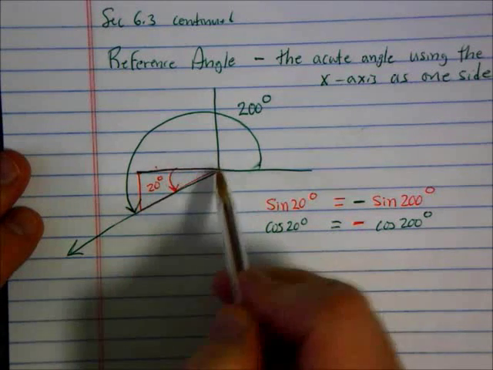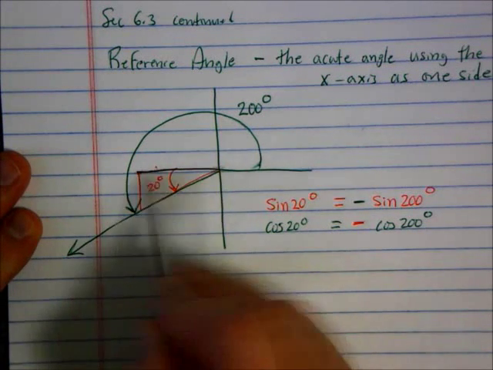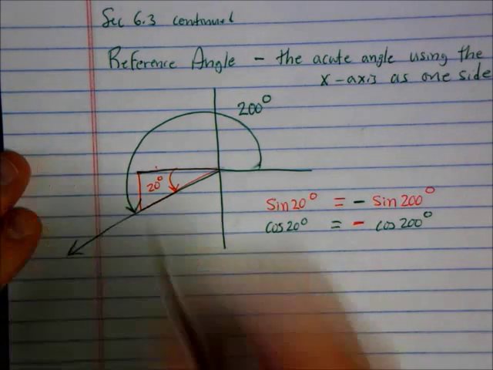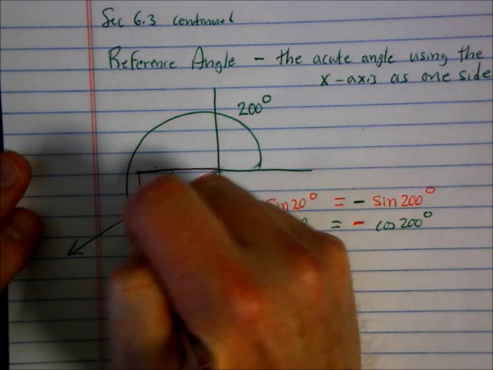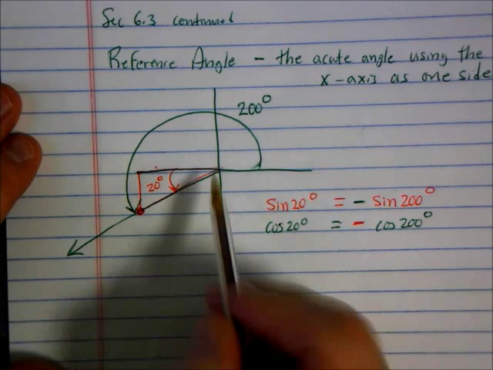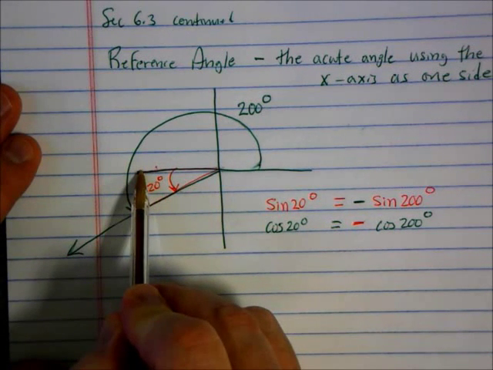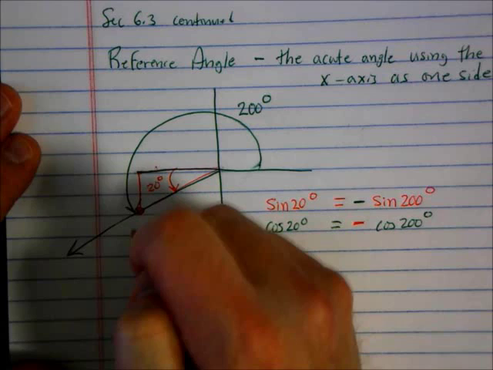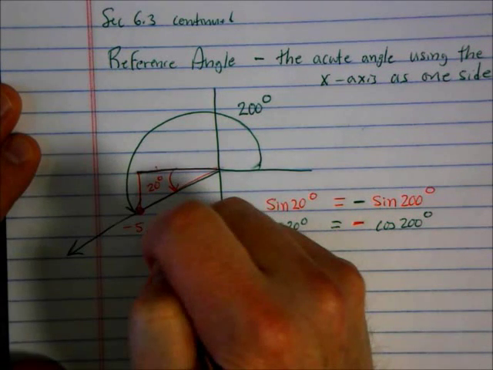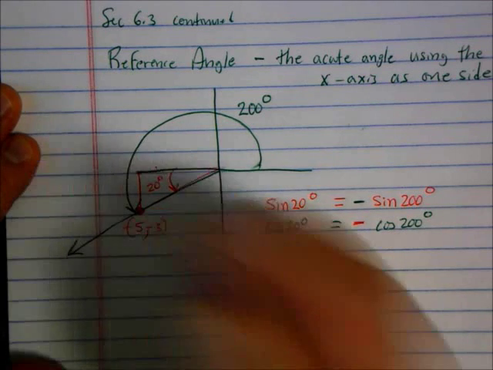How would I figure out the sine and cosine of 20 degrees? Let's say we have this point right here. What's a reasonable value for that point? Negative 5, negative 3 maybe?